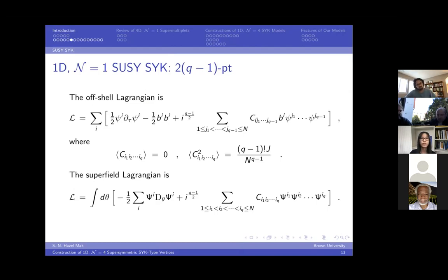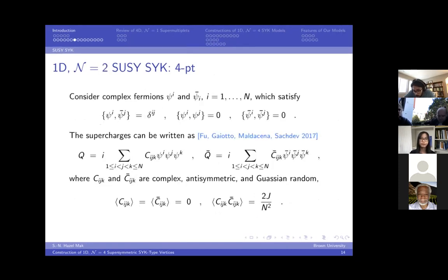But we can also throw in some more supersymmetries and do an N=2 version. So for N=2, let's consider complex fermions which satisfy these anti-commutation relations. And we can write down two supercharges, Q and Q bar. And these are complex, antisymmetric, and Gaussian random.